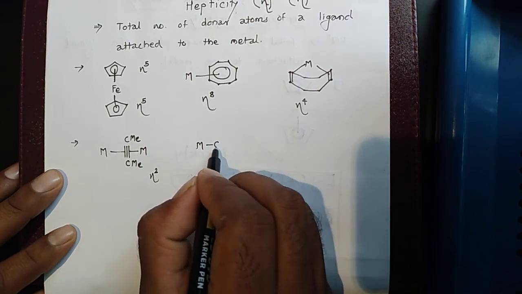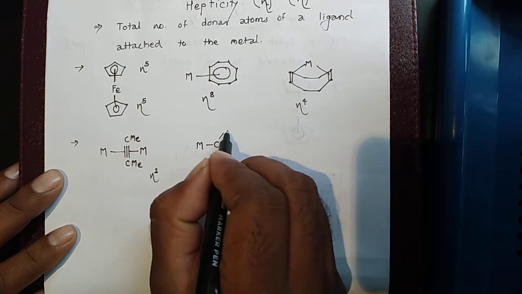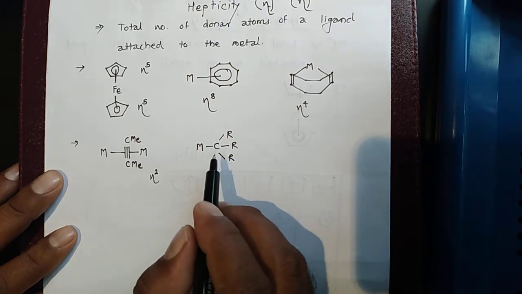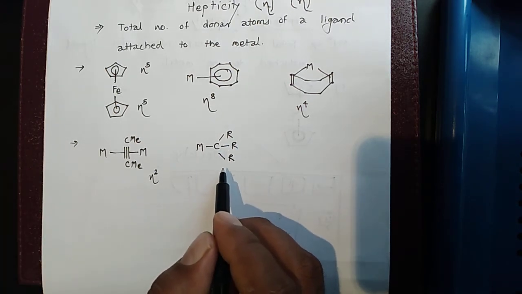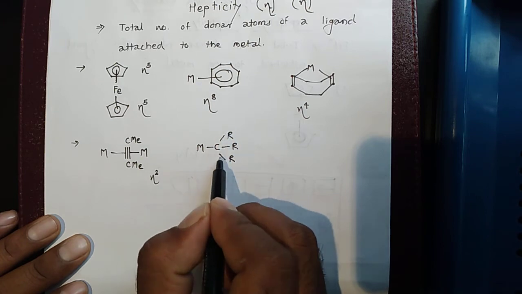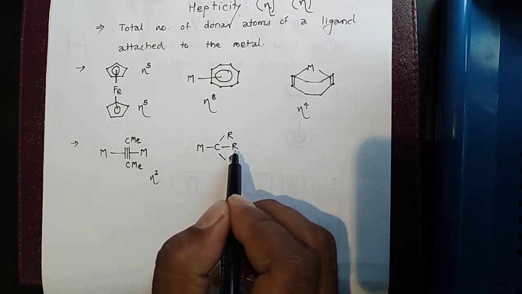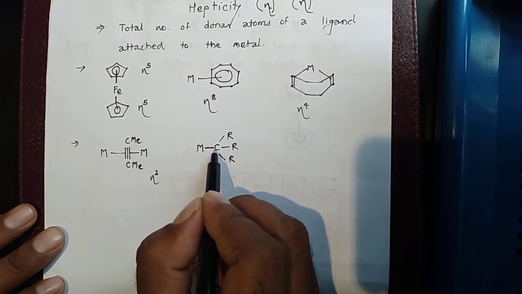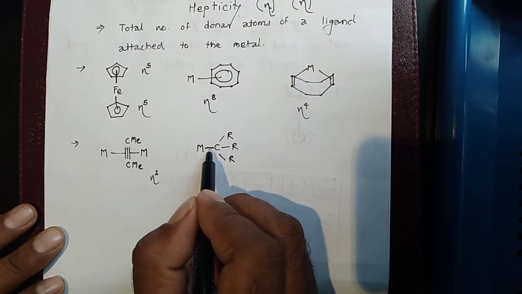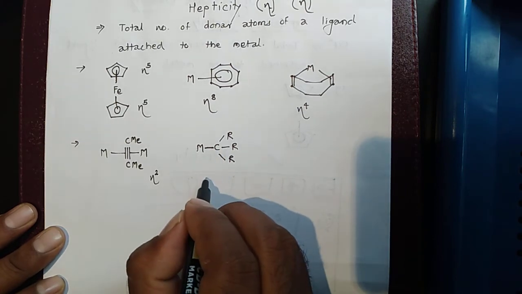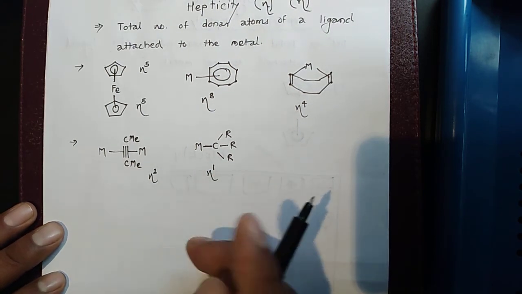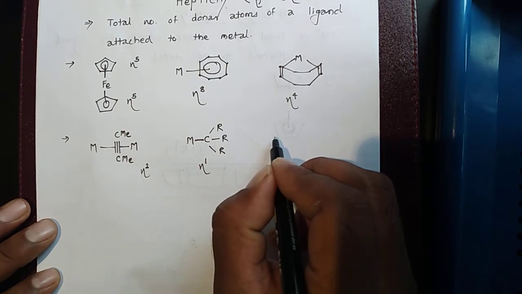We'll see another example. The metal is directly attached to this carbon, which is a tertiary carbon with 3 alkyl groups attached. How many groups are attached here, hapticity does not depend on that. Hapticity is only concerned with the metal-carbon bond, and the metal-carbon bond gives only one hapticity. So the hapticity of this ligand is 1. We'll see another example.